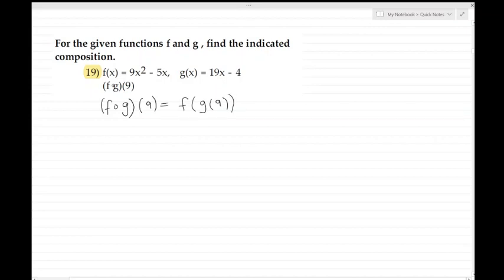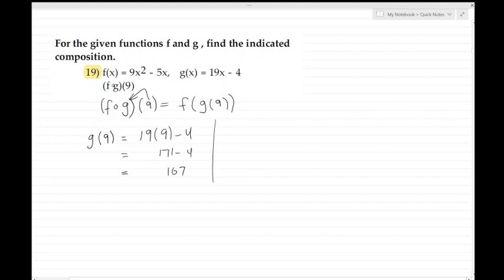Well, one easy way to do it is to plug the 9 into the g. So let's do g of 9. That becomes 19 times 9 minus 4. 19 times 9 is 171. Okay, so g of 9 is 167.